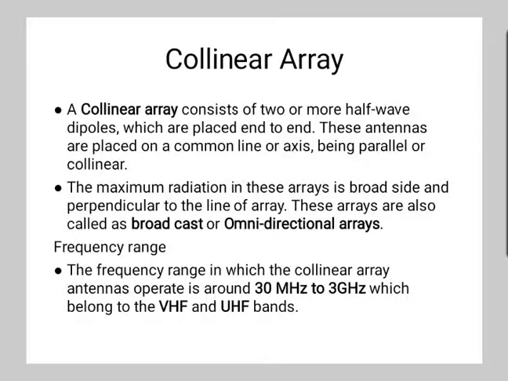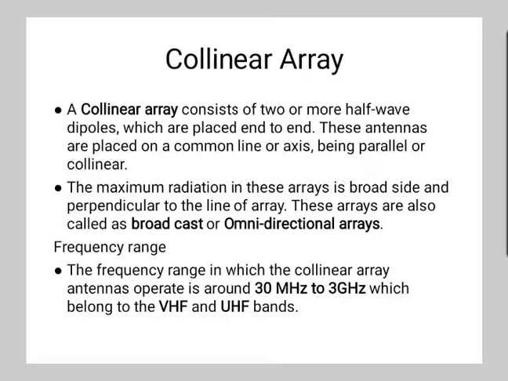So the first type is the collinear array. The collinear array consists of two or more half-wave dipoles which are placed end to end. These antennas are placed on a common line or axis, being parallel or collinear.